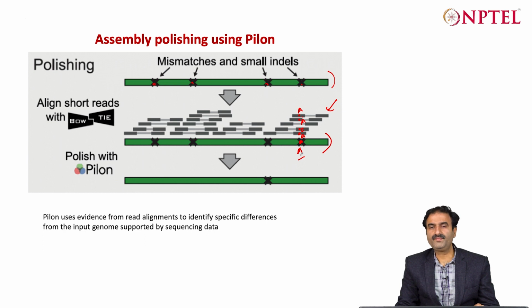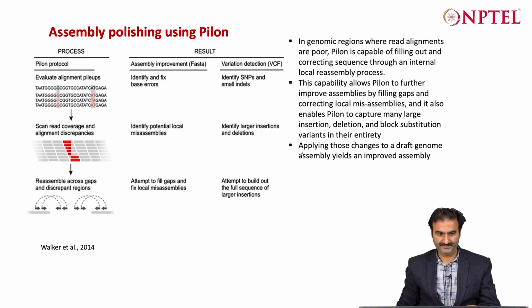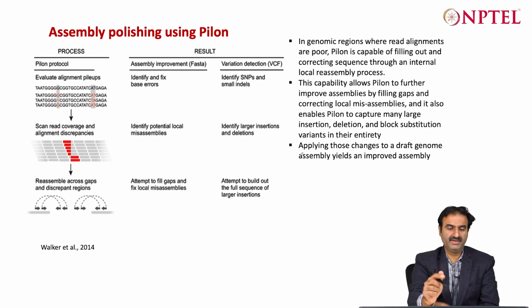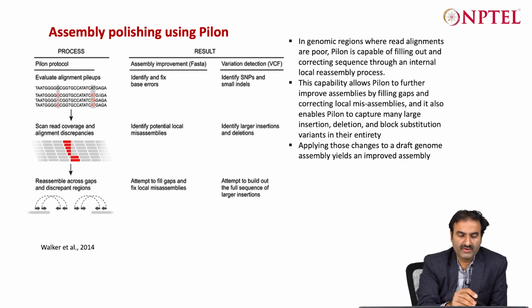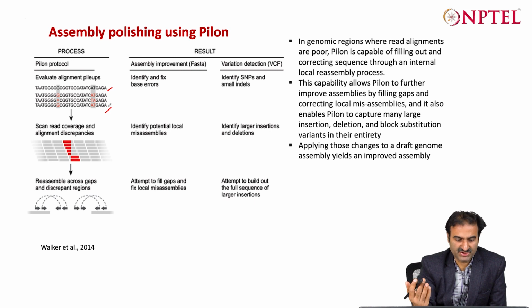So Pilon is one of the tools that aligns the short reads on the final assembly and corrects the errors. It looks for the errors and fixes them using the information from the other short reads.